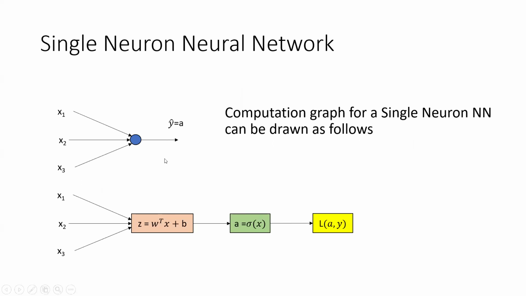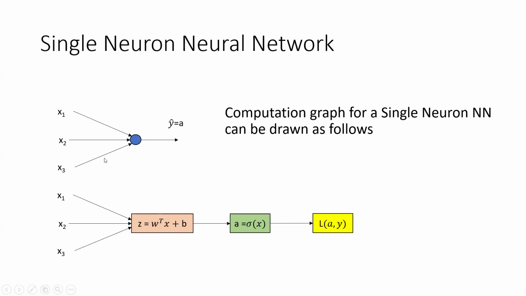This is a single neuron. As we know, in a single neuron we can have several inputs from the independent variables, and it has a linear combination of these inputs, like x1 w1, x2 w2, x3 w3 plus the bias or w0, right? Then we take that value, which we call z, and apply it to a sigmoid function or any other activation function, which is generally represented by a, right?